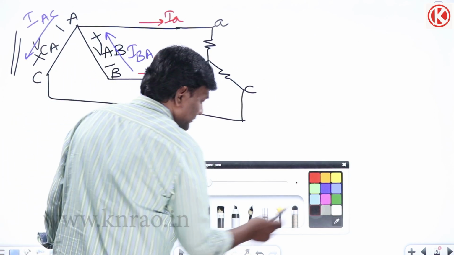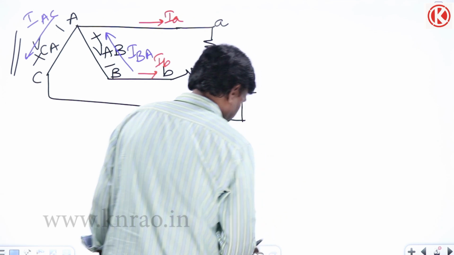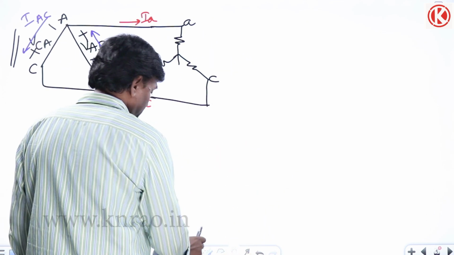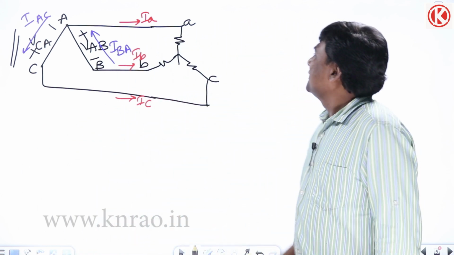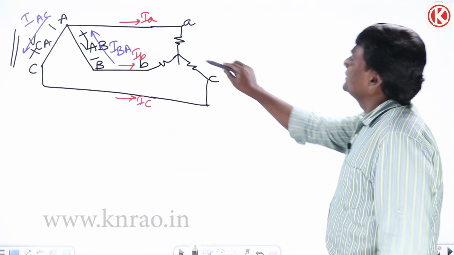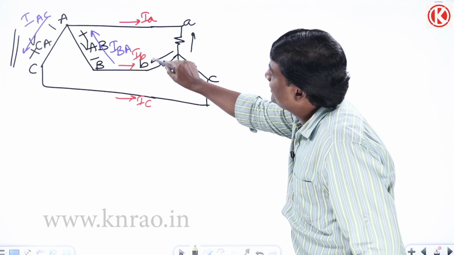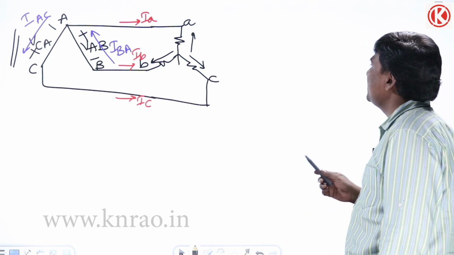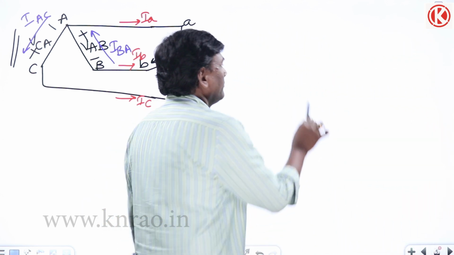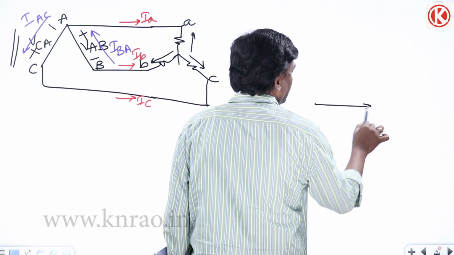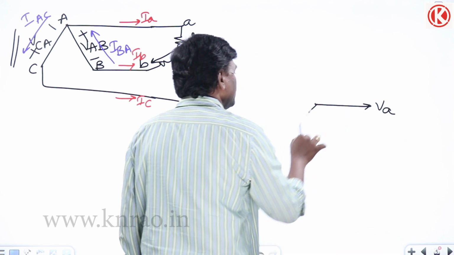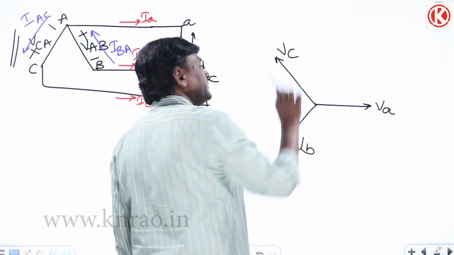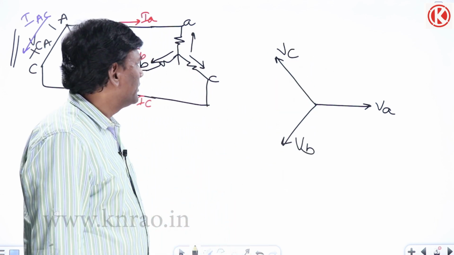Let us try to draw the phasor diagram. Let me reduce the size a bit. Hope it is visible. Now let us think of VA, VB, VC. From load to source, let me develop the phasor diagram. This is VA, this is VB, this is VC, such that the phase sequence is ABC.